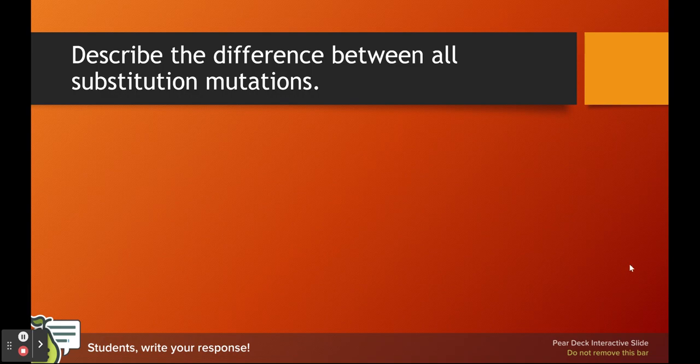Okay, so I'm going to pause a second. I'm going to give you some time. I want you on a piece of paper to describe the differences between all the substitution mutations we just talked about. Remember, there are 3. Don't just tell me the 3. Tell me why they're different from each other. You're going to put that on a piece of paper, and then you're going to turn that paper in for me because we don't have Pear Deck today.